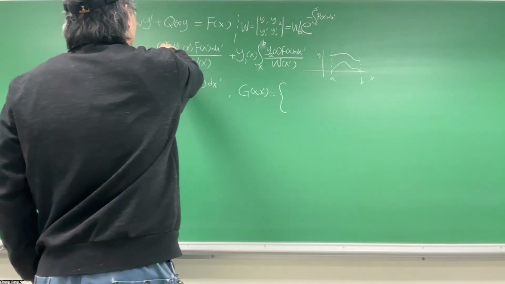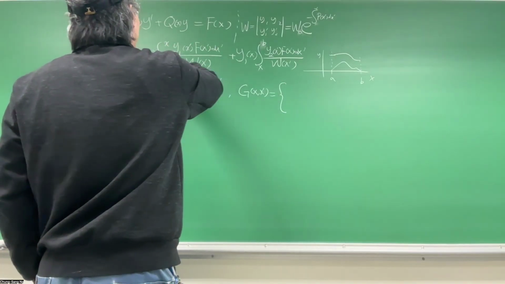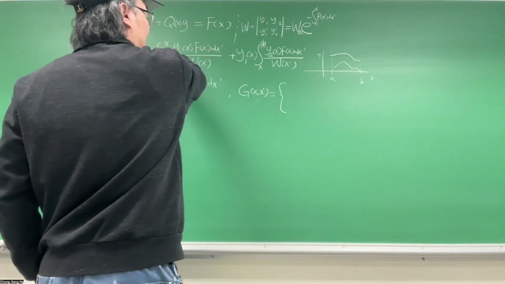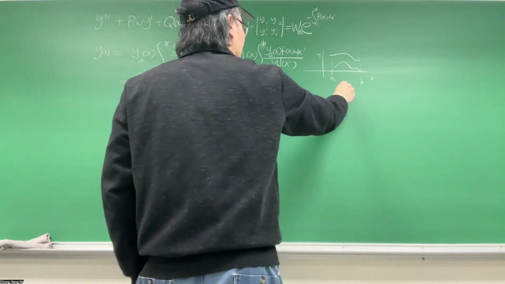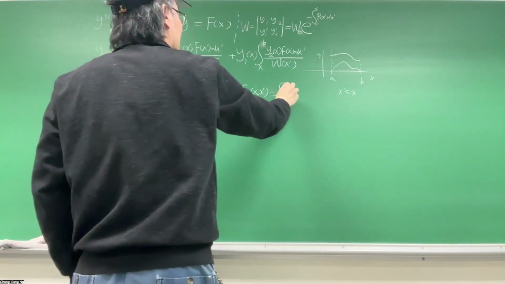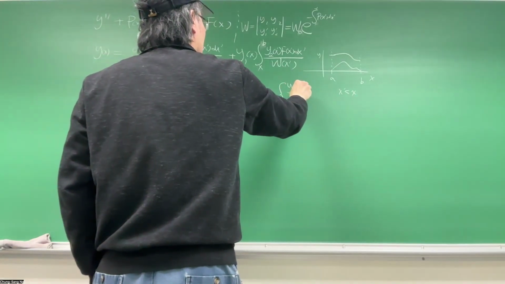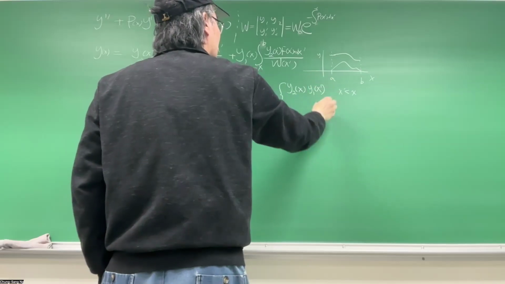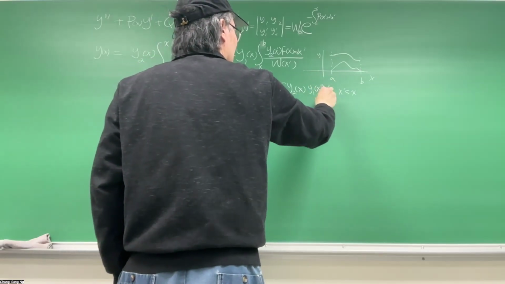One is when x prime is integrating from a to x, which means x prime is less than x. When x prime is less than x, then it's this one: y2, y1, and divided by W.